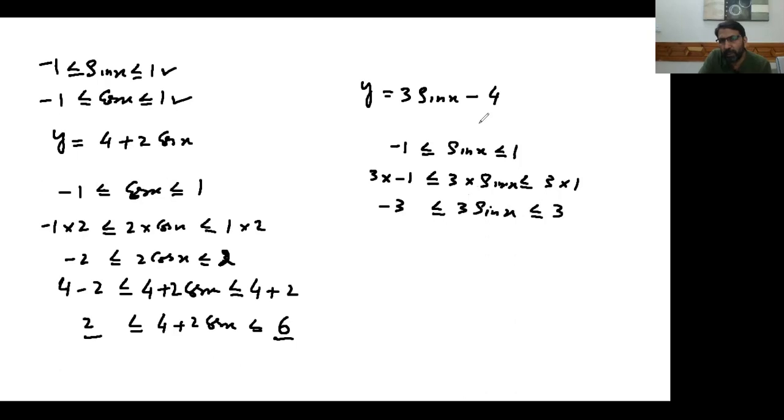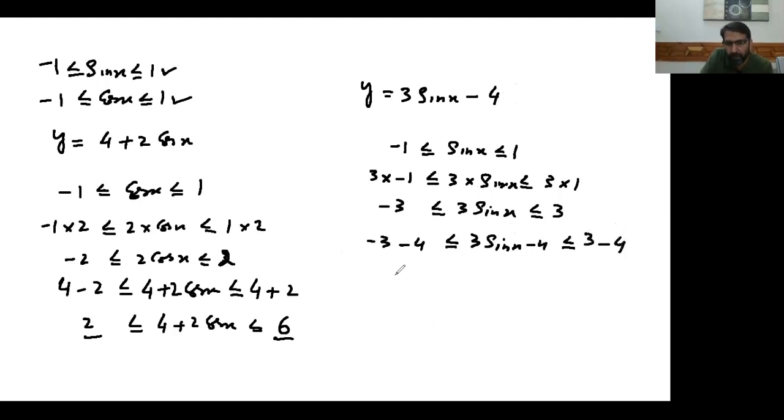Still, we have to do a little bit more: we have to subtract 4 from every place. So let's subtract 4 everywhere. -3 minus 4 is less than or equal to 3 sine x minus 4, less than or equal to 3 minus 4.